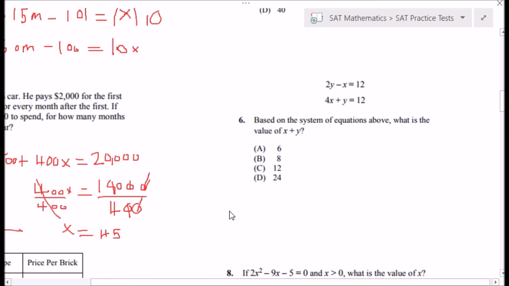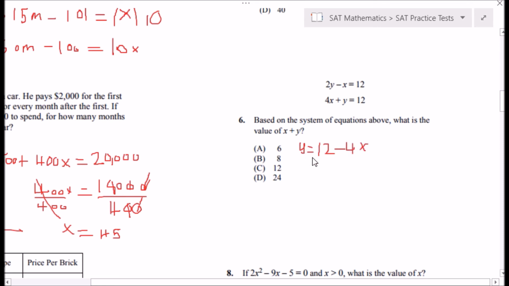Based on the system of equations above, what is the value of x plus y? So you can add the equations up and solve for x and y and then add them up, or you can do what I'll do here in a second. Okay, so we subtract 4x from both sides, and we're left with y is equal to 12 minus 4x.